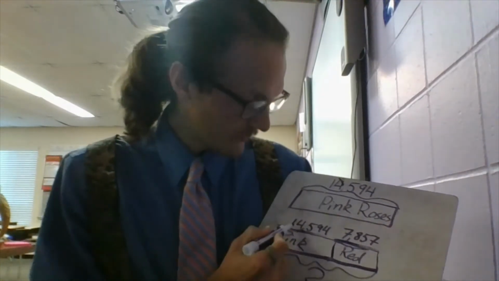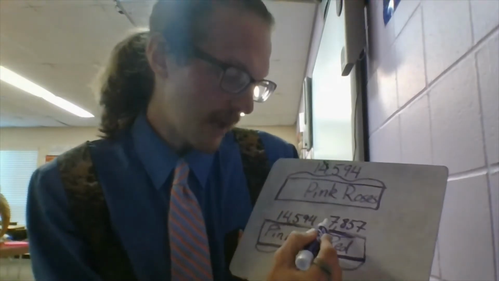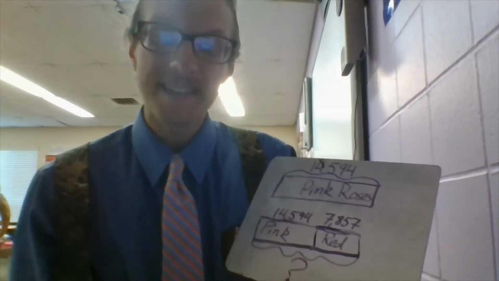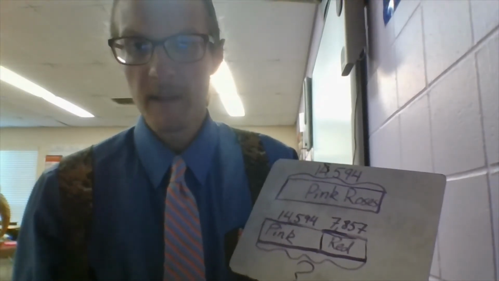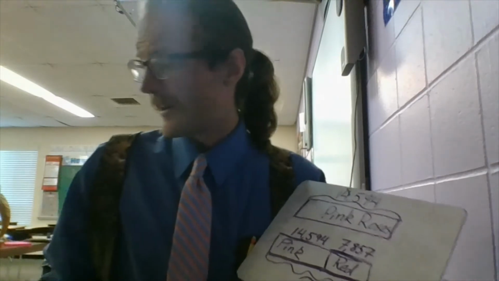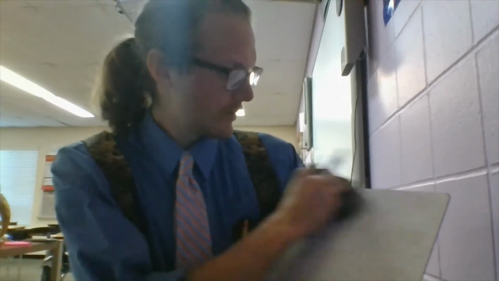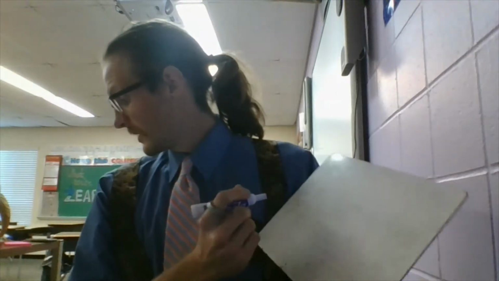So we know they sold 14,594 pink roses. And they sold 7,857 red roses. Now, how many total roses, pink and red, did they sell? We're going to take, lining up our place values, so now we're doing what we did yesterday.